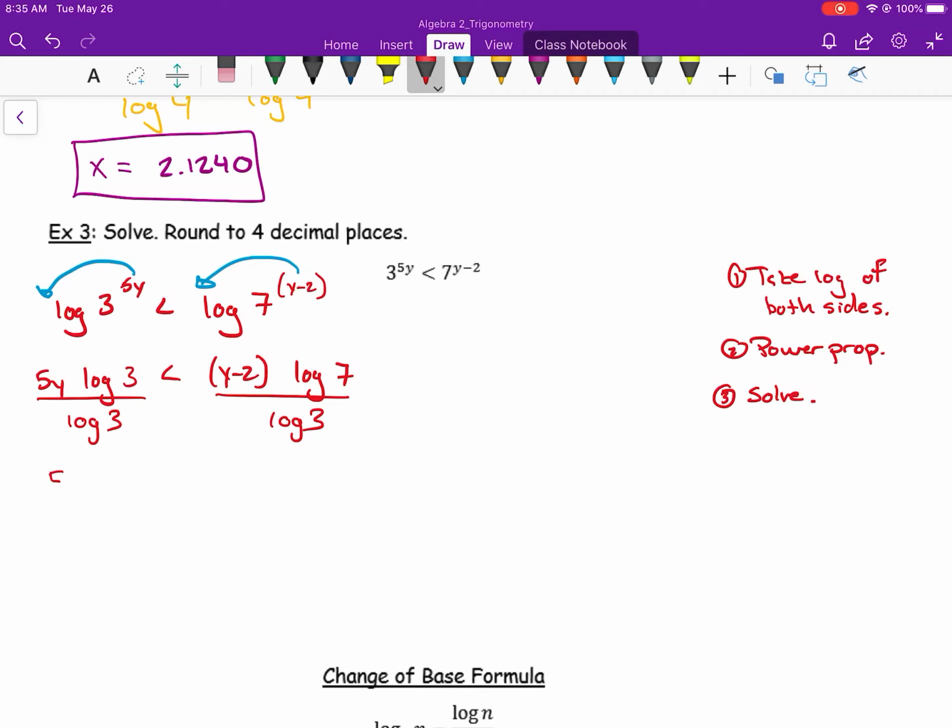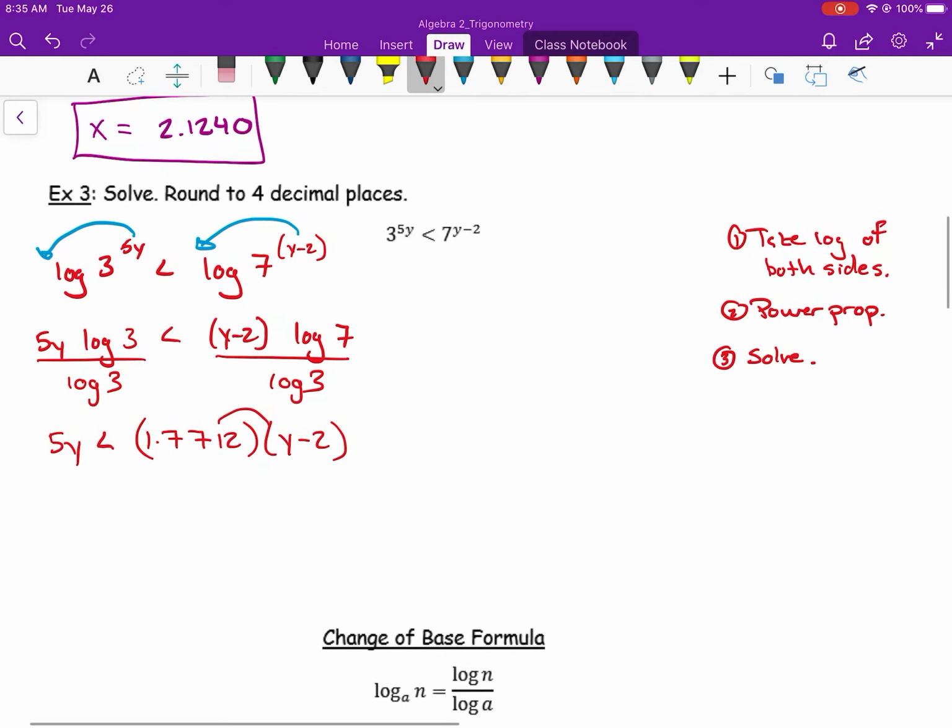So I get 5y is less than 1.7712 times y minus 2. It gets a little ugly, we've got some crazy numbers going on here. So distribute: 5y is less than 1.7712y minus 3.5424.